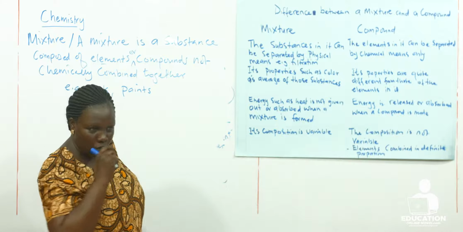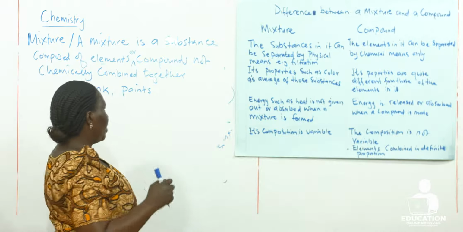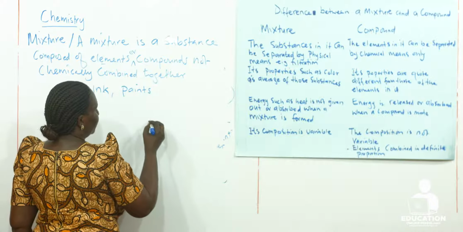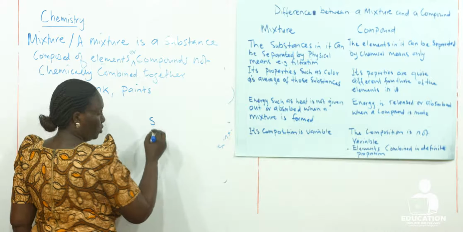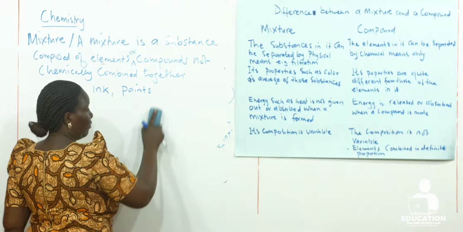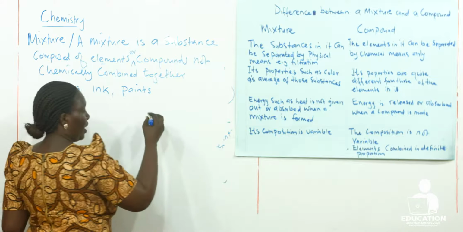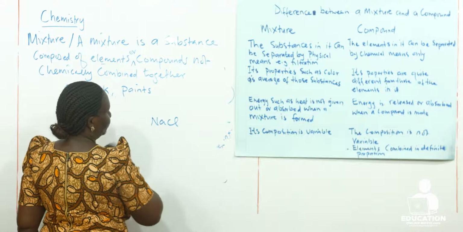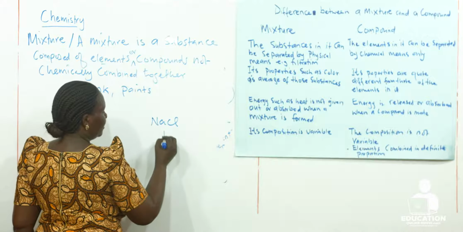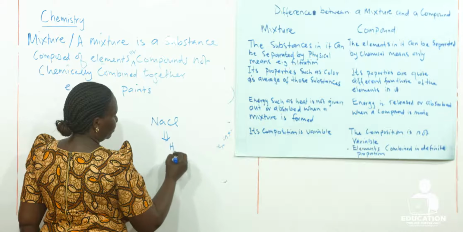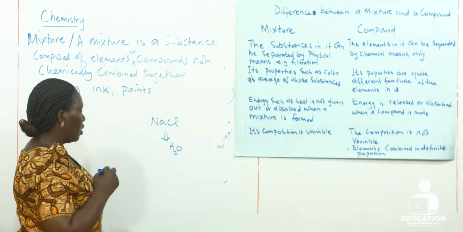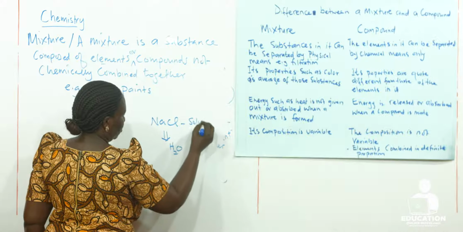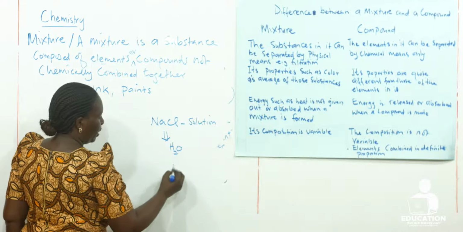You separate them through chemical means. For example, if we have a solvent that contains sodium chloride, a compound that is dissolved in water, for us to separate this solution, we boil.